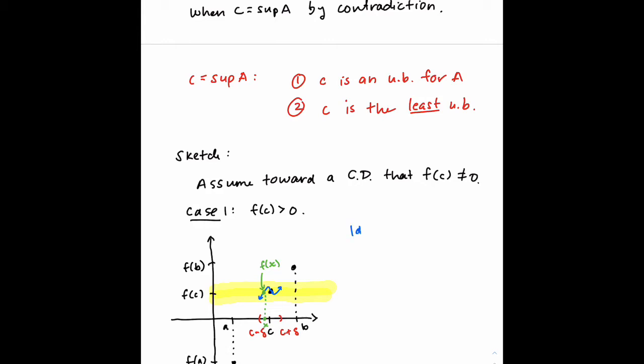So, idea. We want to choose epsilon greater than 0 such that the epsilon band of f of C lies entirely above the x-axis.